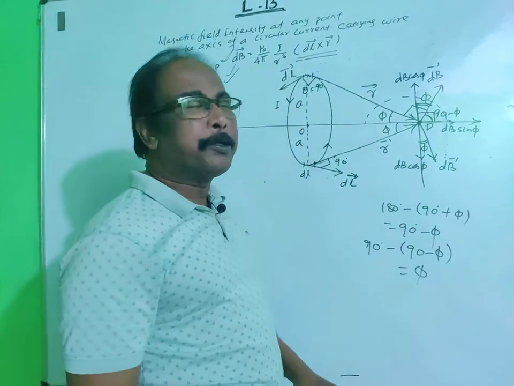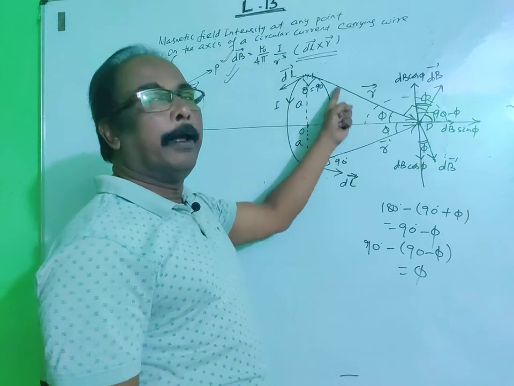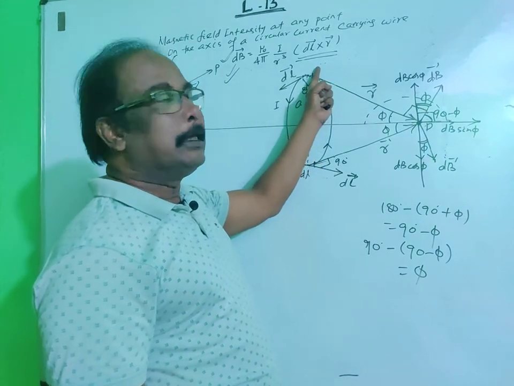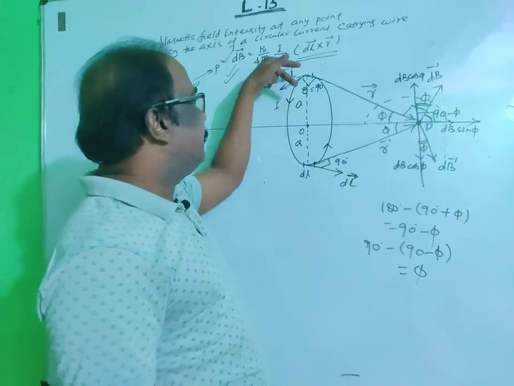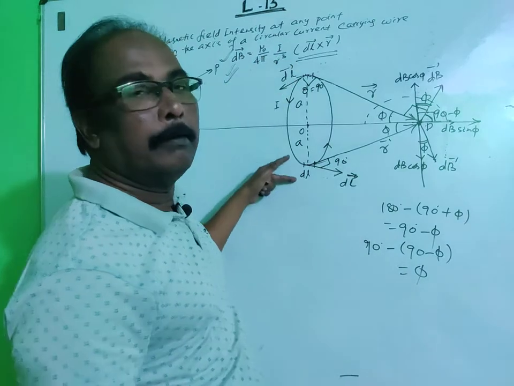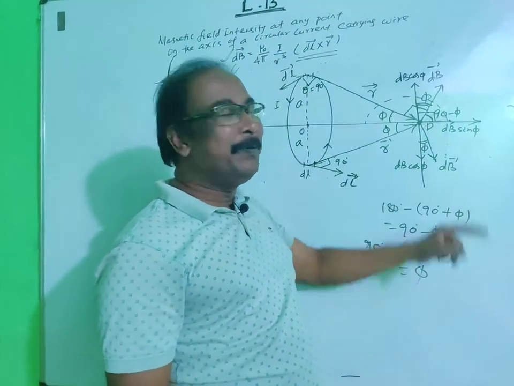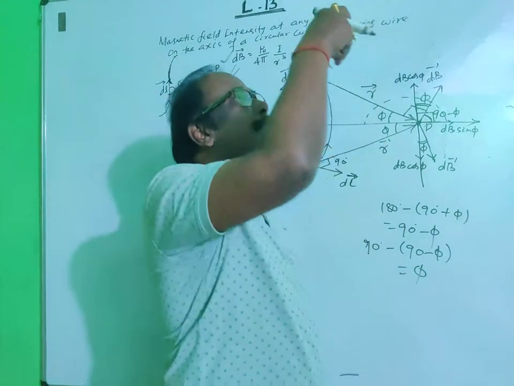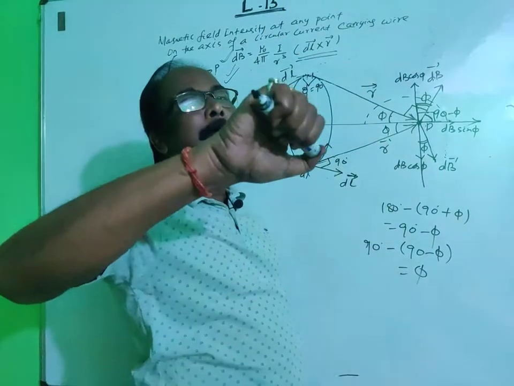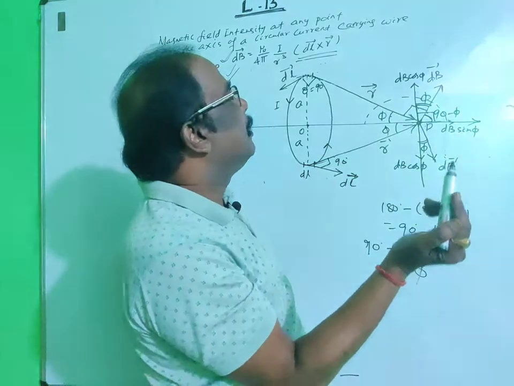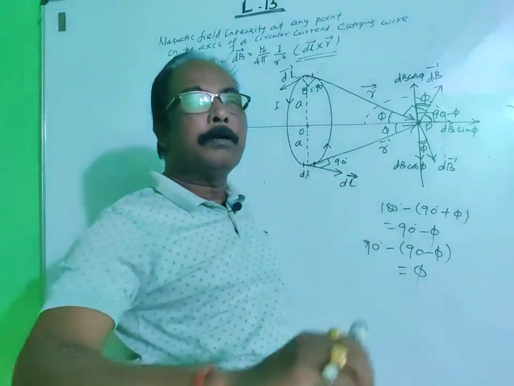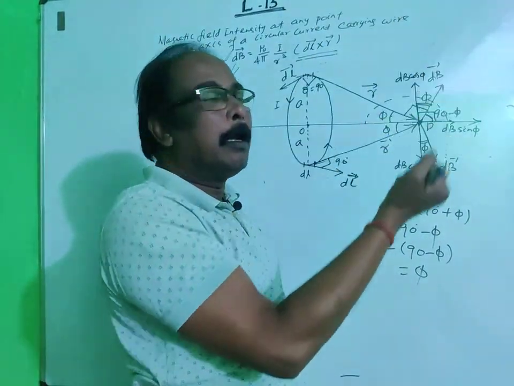As we have discussed, the whole circular coil may be considered to consist of a number of elemental sections each of dL. So the dB cos phi components add up from every element.